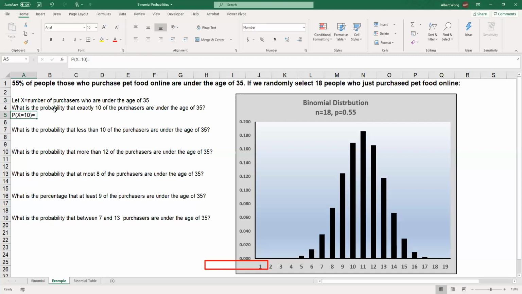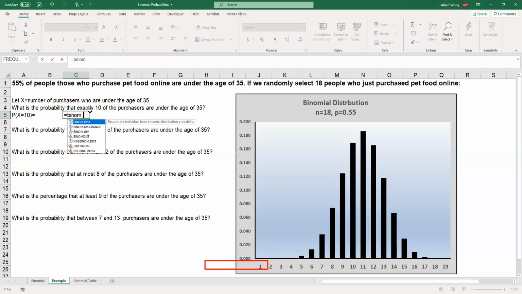So how do we calculate that? Well, since we are just looking at the probability of x equal to 10, we enter binom.dist with x equal to 10. So enter 10 here. What's n? n is equal to 18 because we select 18 people. And the probability of success in this case is 0.55.